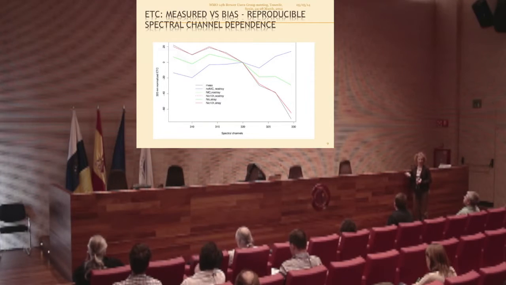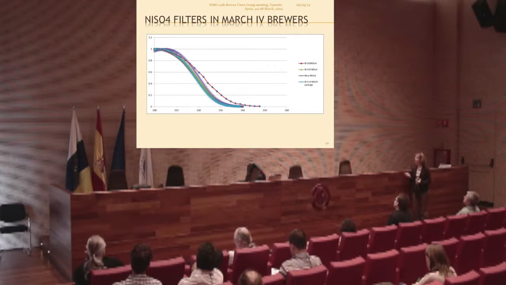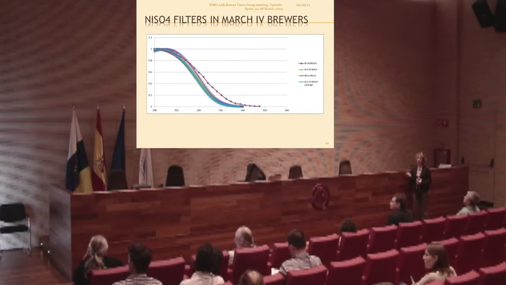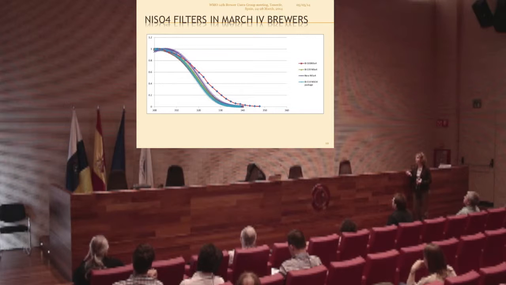Otherwise, it's not very repeatable. And this is the point, I guess: I discovered that if I use some kind of standard transmission function for the nickel sulfide, which is represented by this curve, but once Patrick measured some of the filters in the lab, you start to see there are some spectral differences.